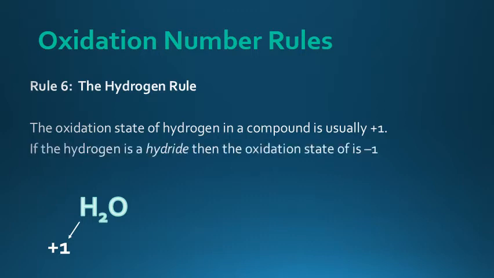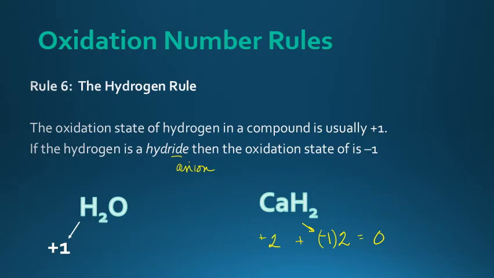However, if the hydrogen is a hydride, then the oxidation number is -1. Take a look at calcium hydride. Remember, it ends in "ide", so it's an anion. That means hydrogen would have a -1 oxidation number, and there's 2 of them, which means calcium would have to have an oxidation number of +2, which gives it an overall charge of 0.